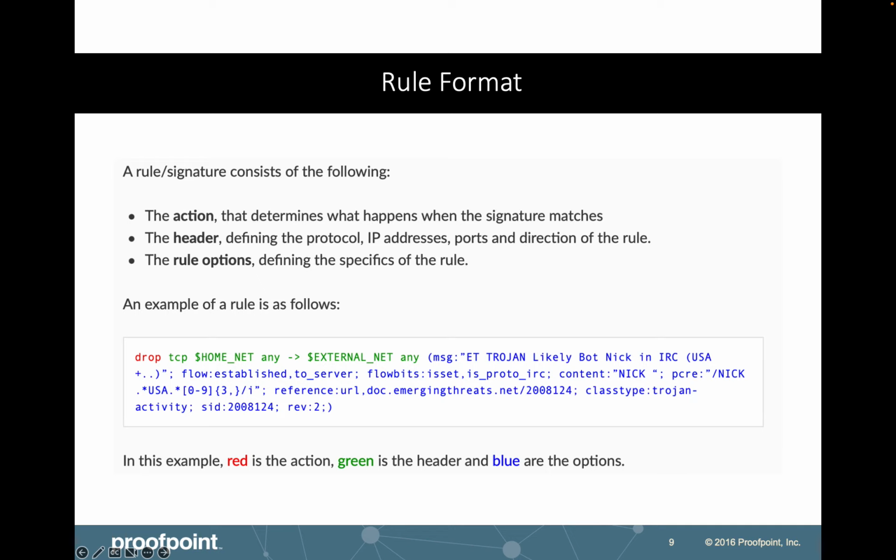So the rule format, just a little bit more in depth. The action tells the IPS how to process the traffic. There are different options: alert, drop, reject. Basically for today, we're going to be using alert, which most IPSs will also use to block the traffic.